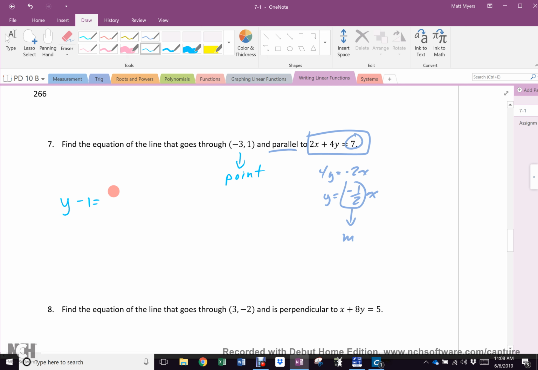Minus 1 equals negative 1/2 x plus 3. And I'm done. Since I don't tell you what equation to use, you can use whatever one you want. If I do force you, then what do you do? Change it after you get to the one you can get to.